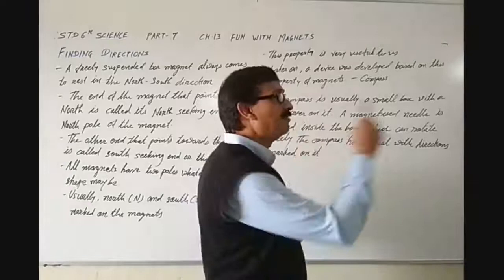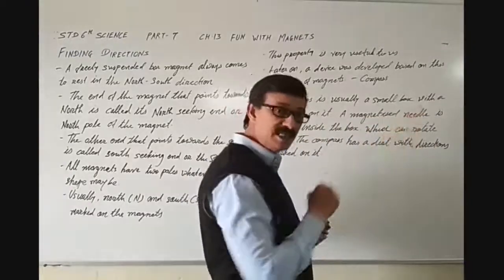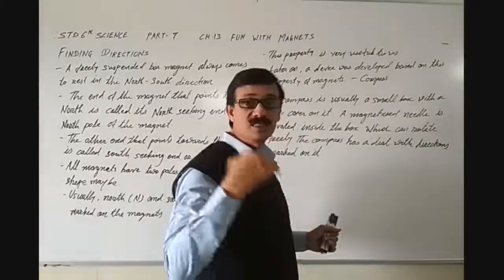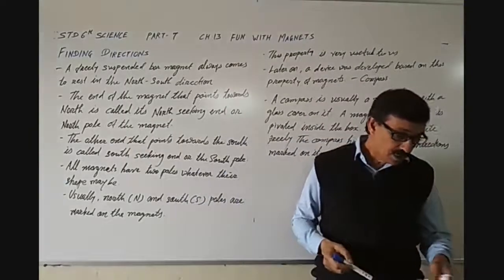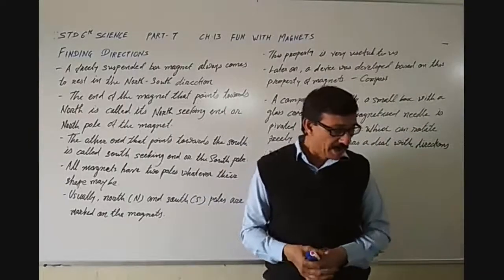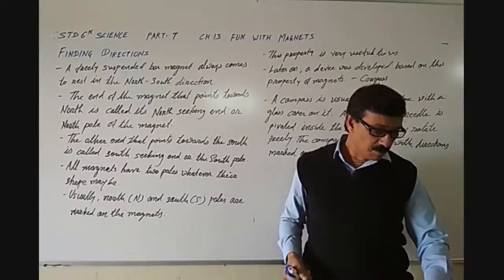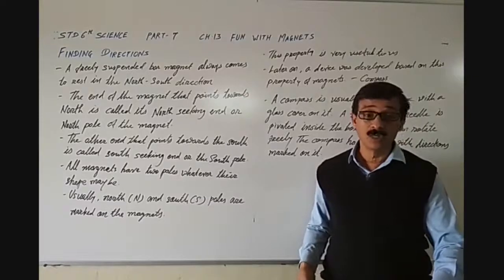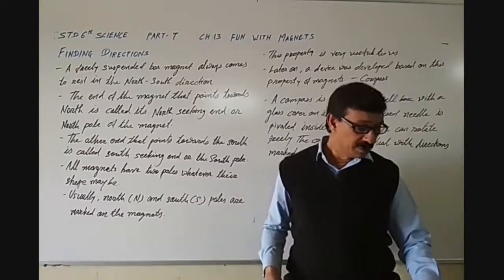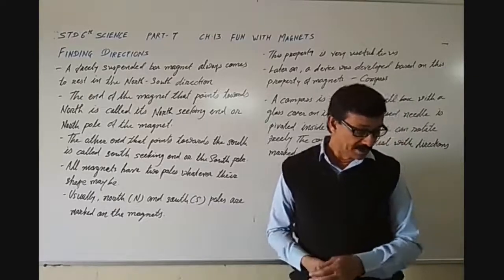Why? Because I am facing east. That is why this is north, this is south. So using the sun for finding direction may not be very exact, but it will help you to make out direction north from the south on your line.